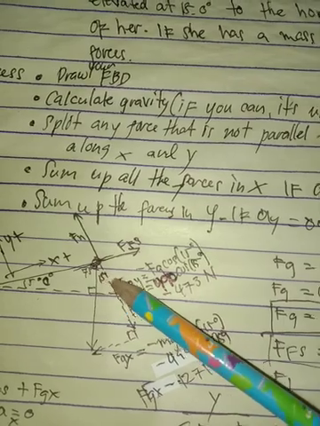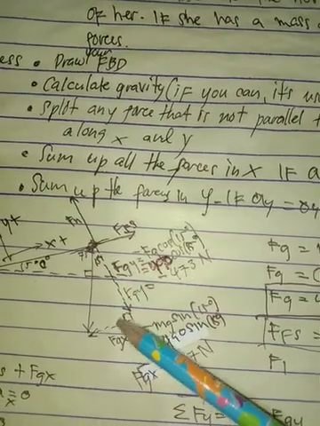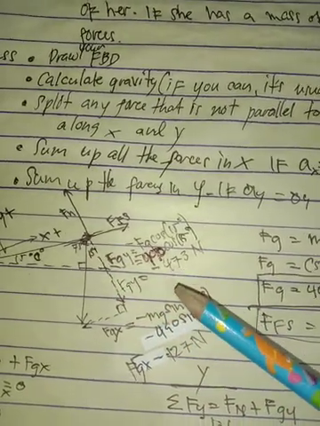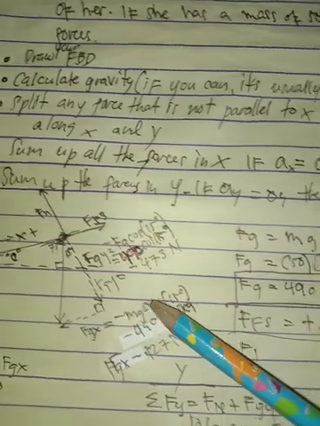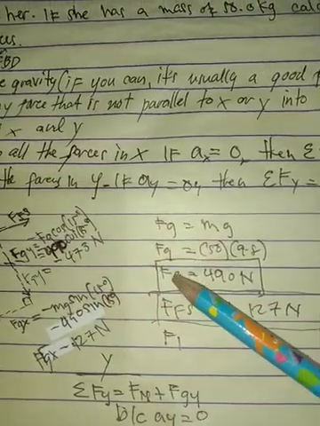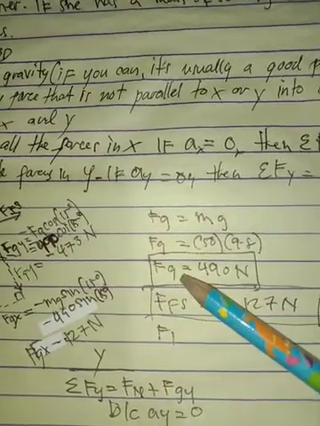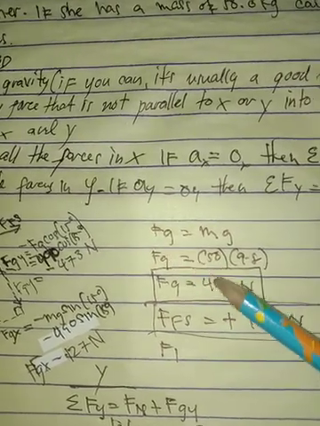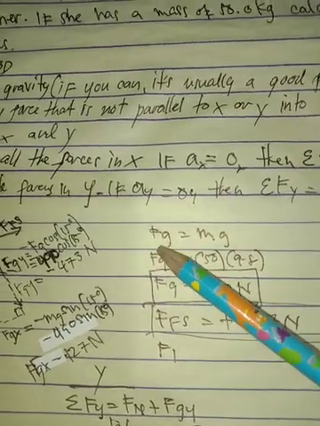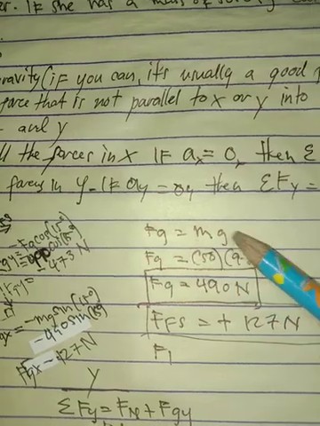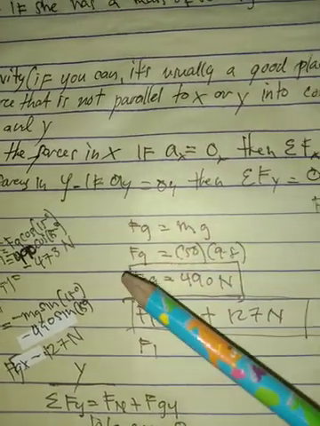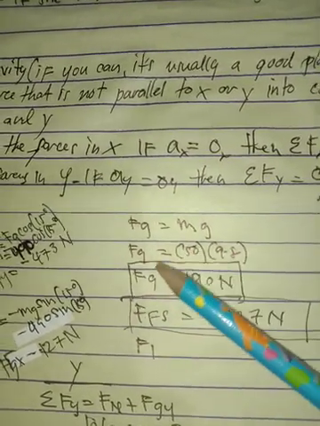Now let's find the value of Fg, the force of gravity. First we use this equation: Fg, force gravity, equals mg, mass times gravity.